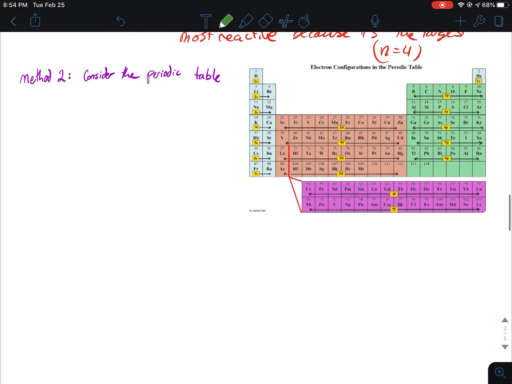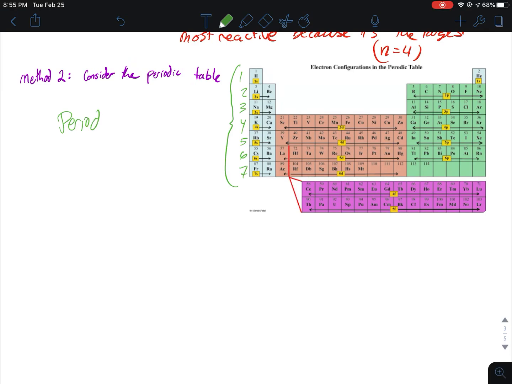Okay. Now the next method is what I use, and that is the periodic table method. The periodic table is built around the electron filling. The electron configurations are consistent down a group for the most part. So what you can do is count 1, 2, 3, 4, 5, 6, 7, and this will tell you the shell of any element in that row for their s orbitals and their p orbitals.